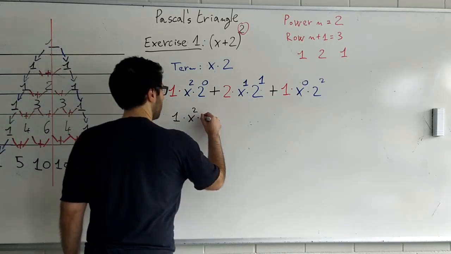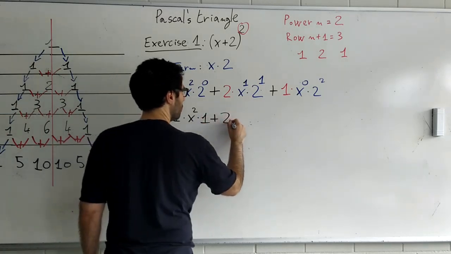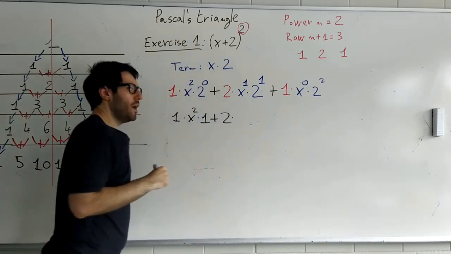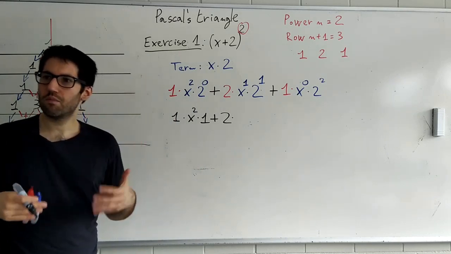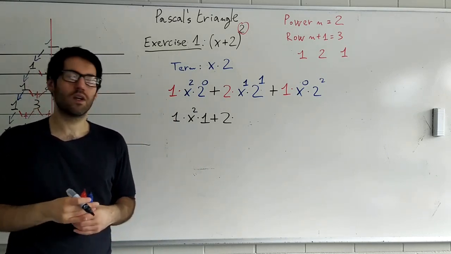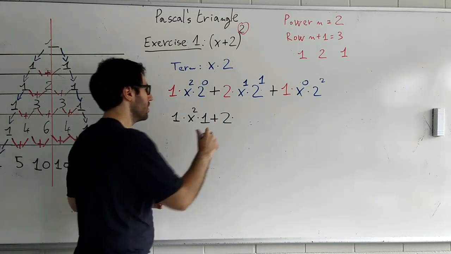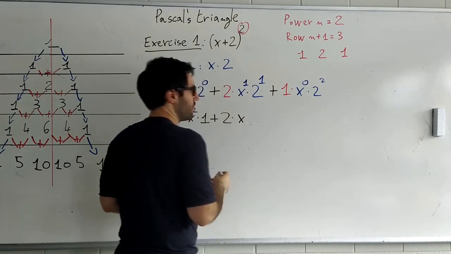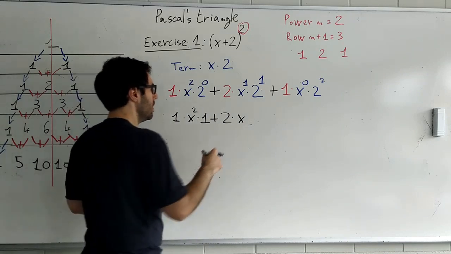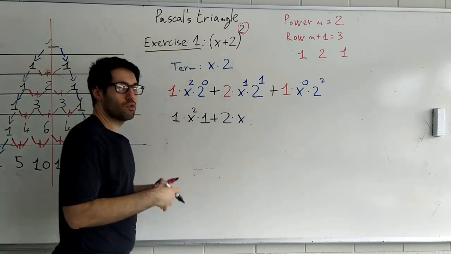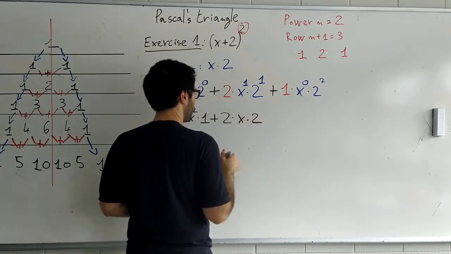So we can just write times 1 in this case, plus 2, which multiplies x to the power of 1. Here we have to remember that a term to the power of 1 can be written as itself without the power 1. Something pretty simple. So I'm just going to write x here. X to the power of 1 and x are the same thing. And of course, same logic for 2 to the power of 1. We're just going to write 2 in this case, so multiplied by 2.